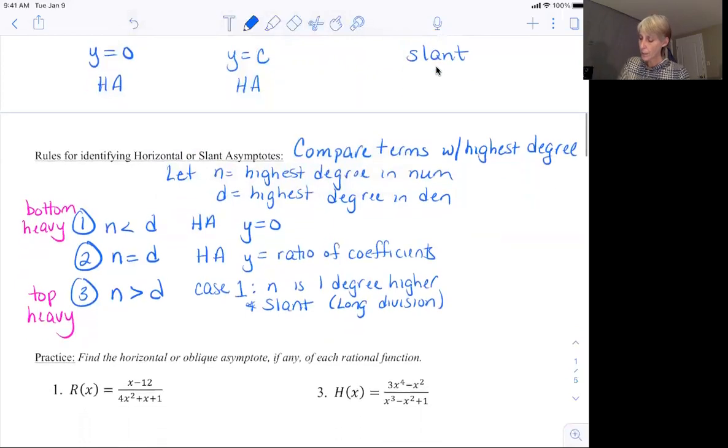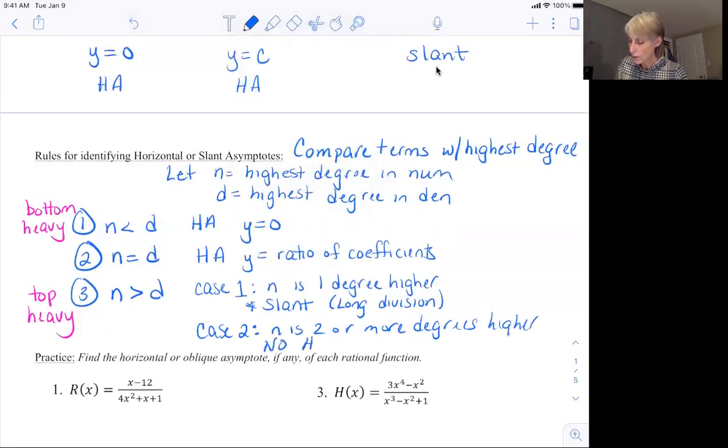And in case 2, n is 2 or more degrees higher. In this case, there's no horizontal asymptote or slant asymptote. Okay, nothing.